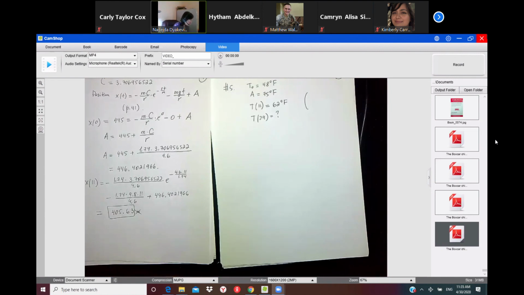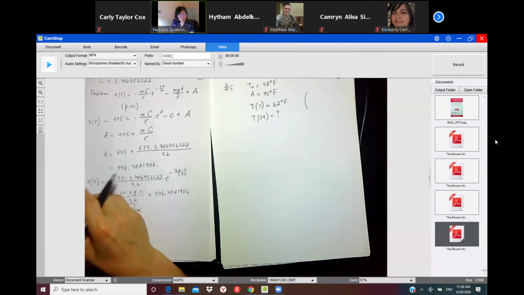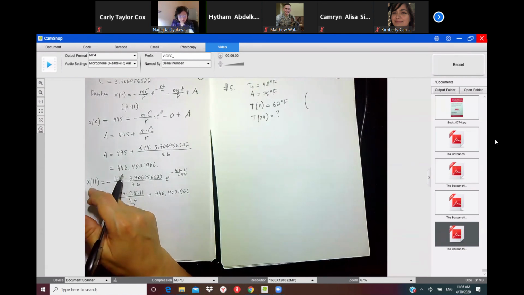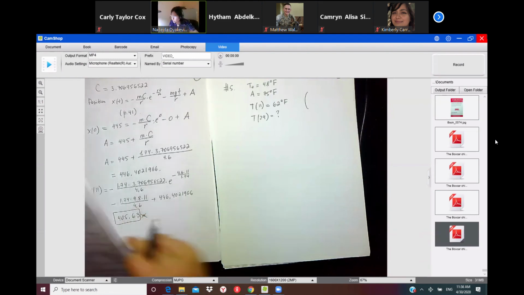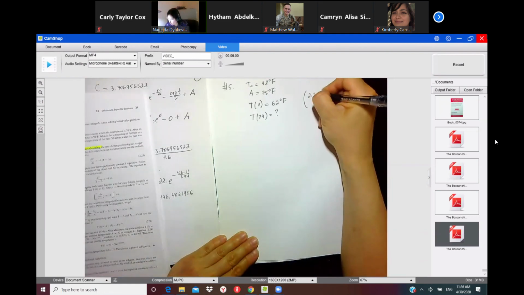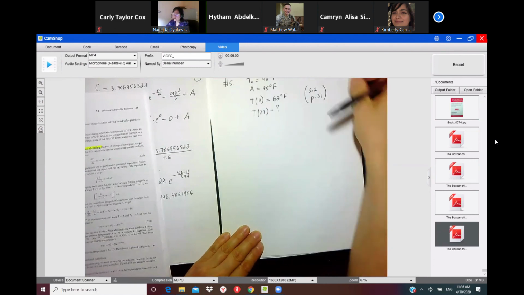Very good. So 2.2, we had an example on page 31, right? So this is section 2.2. Look at page 31. We have an example there.